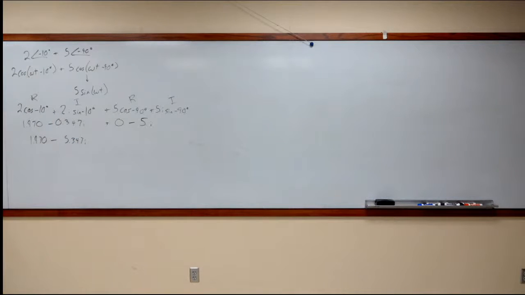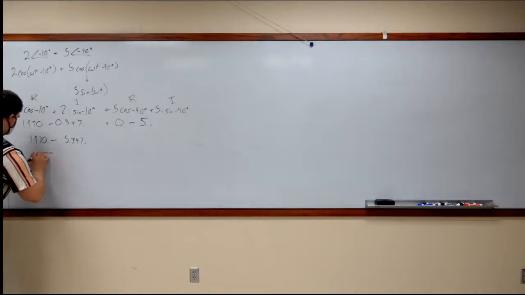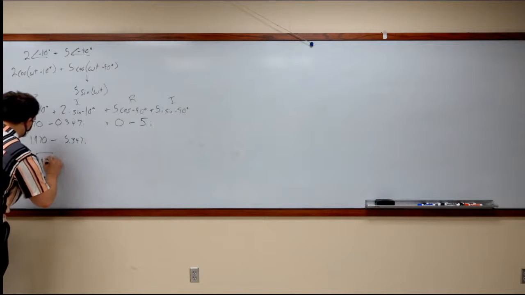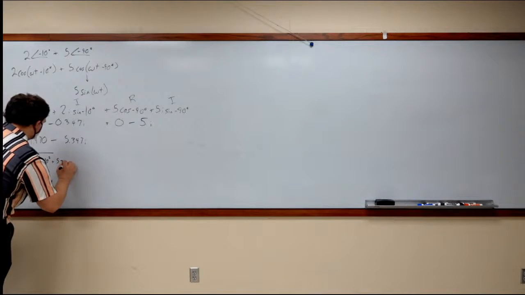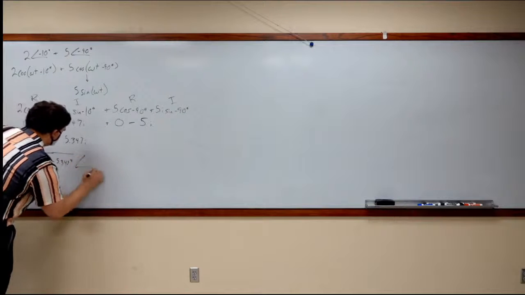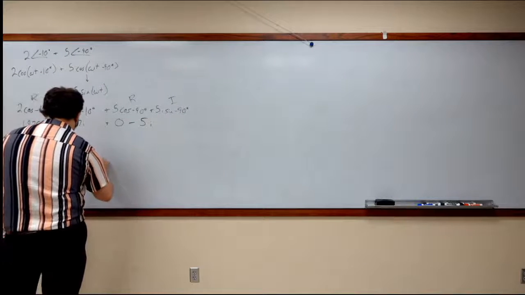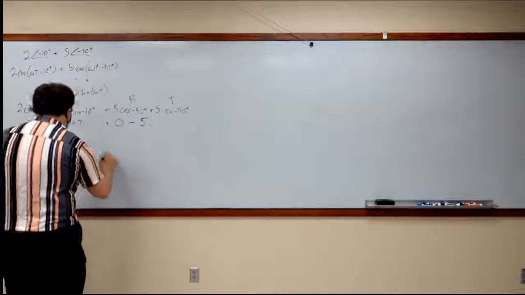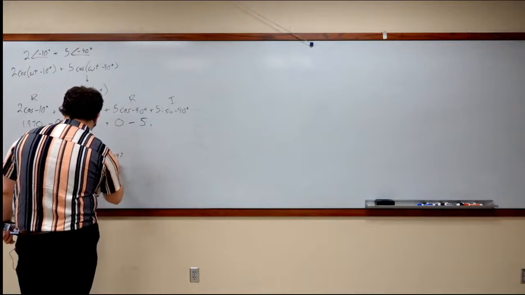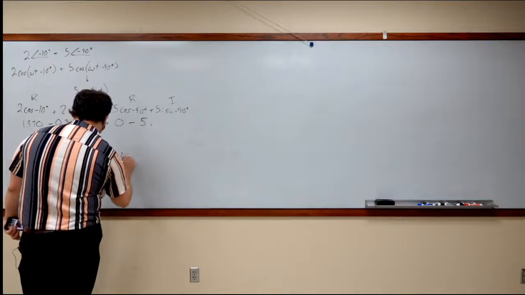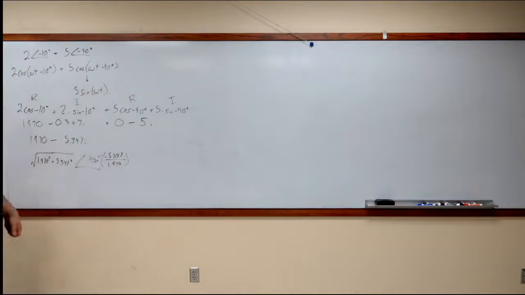Your final answer is going to be the hypotenuse of this times the phase angle. So it becomes 1.970 squared plus 5.347 squared times the phase angle of the inverse tangent of -5.347 divided by 1.970. Look, I even put it in the final form. And I would just calculate them out.